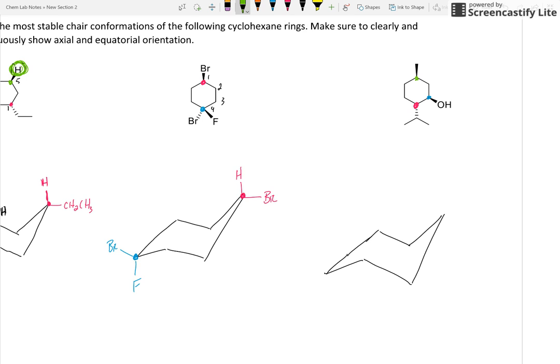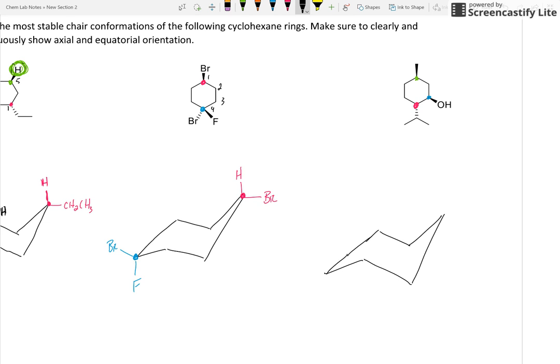Now this one's going to be tricky because we have to maintain the correct enantiomer. So you're going to have to really check your perspective and make sure that you have the correct drawings, your R versus your S on your ring also. So this one's going to be a little bit trickier than the other ones.